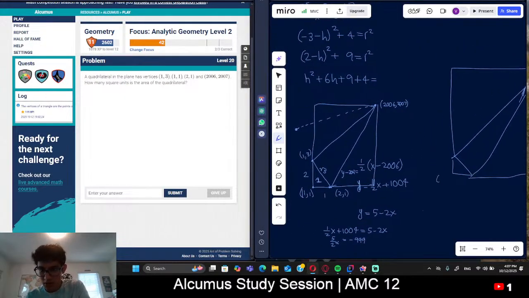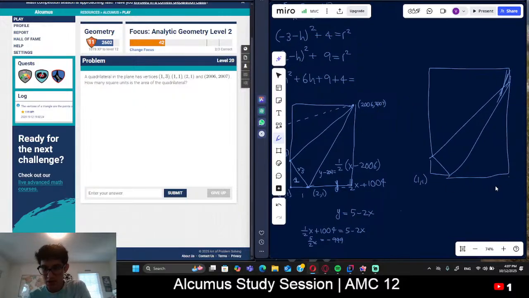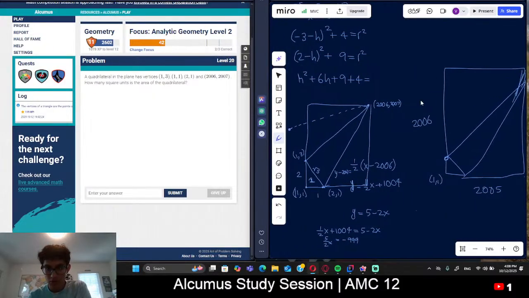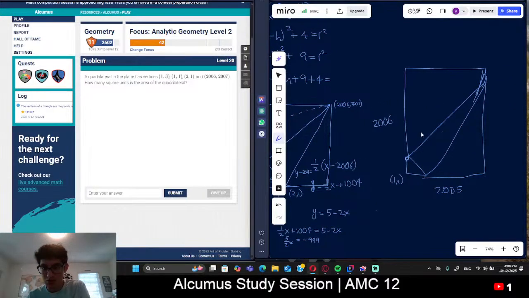This is (1, 1), and this is 2006, right? So this is going to be 2005, and this length is going to be 2006. What is this going to be? This height is going to be, you're going from 3 to 2007, so this is 2004. And then this is going to be everything, I believe, right?